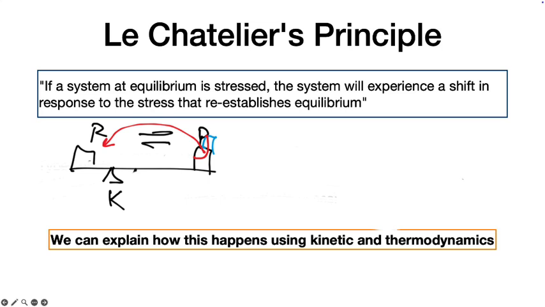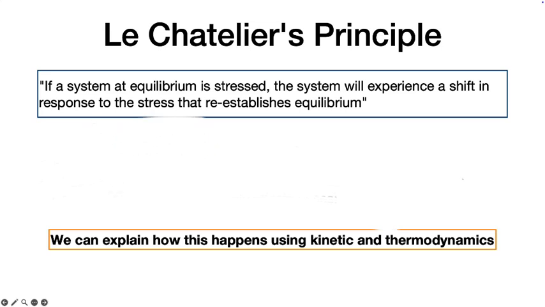So a better representation would be if the reactants were constantly shuttling things over to the products and the products were constantly shuttling things over to the reactants. But if you think about a seesaw and you put two kids on it and you started chopping up the kids to pass them across the seesaw, that gets a bit gruesome and we don't like that analogy anymore. But that's effectively what's happening with our equilibrium.